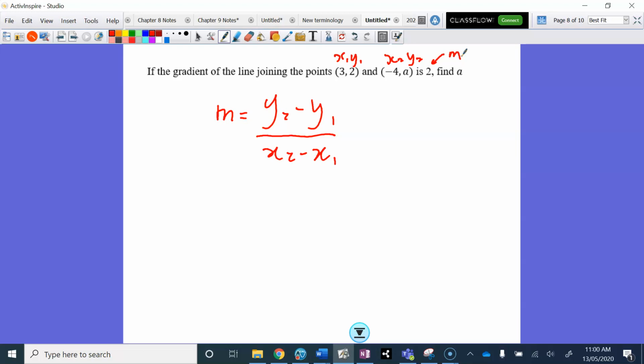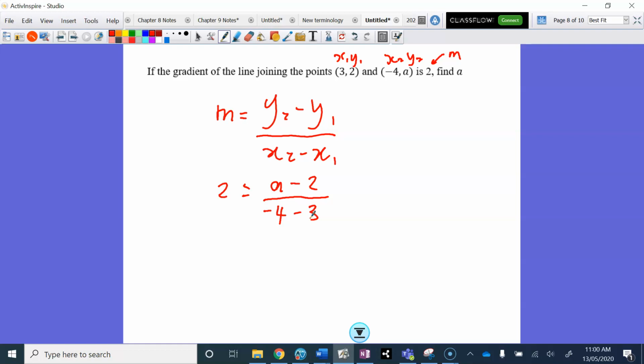So if I substitute values in, then I can solve to find a. So if I was doing gradient is 2 is equal to y2 is a, y1 is 2, x2 is negative 4, and x1 is 3. So I've got myself an equation that now I could solve.